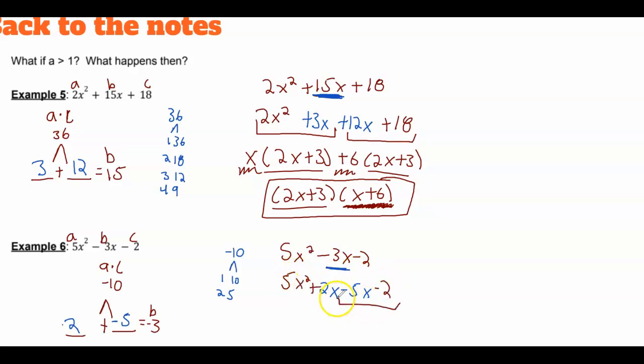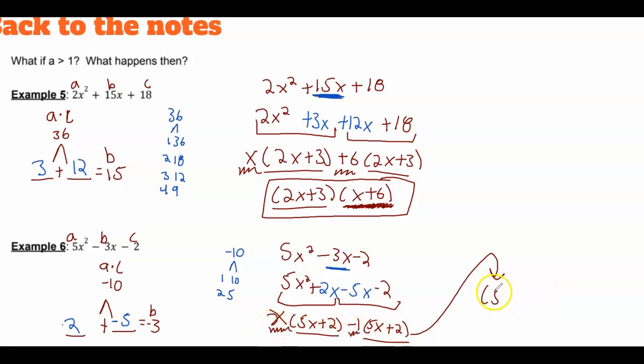And then I'm going to do my grouping. I'm going to pull out just an x, 5x plus 2. And I'm going to pull out just a negative 1 there, 5x plus 2. Here's my matching. Here's my leftovers. There's my matching. There's my leftovers.